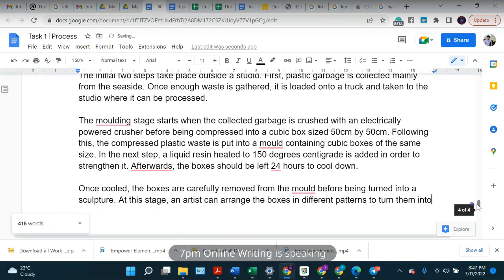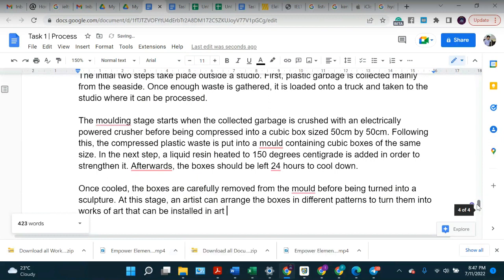Yeah. Let's make them into works of art. That can be maybe, and then you can say installed in art galleries. Maybe in an art gallery. For public viewing? Yeah.